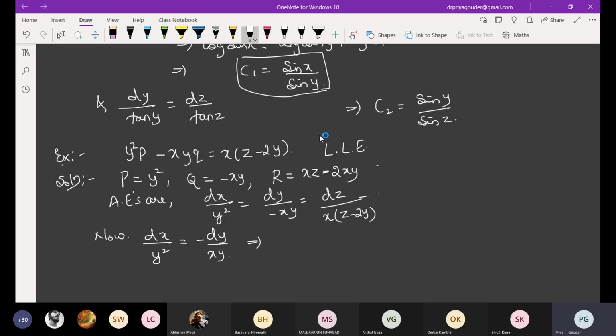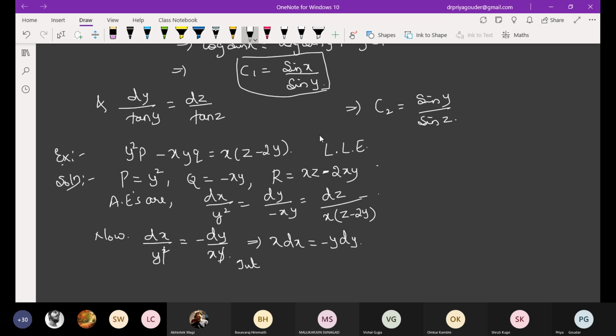Y can be cancelled. Cross multiply: x dx is equal to minus y dy. Correct? Cross multiplication, if you do it, variables are separated.